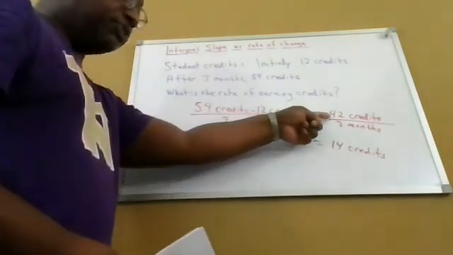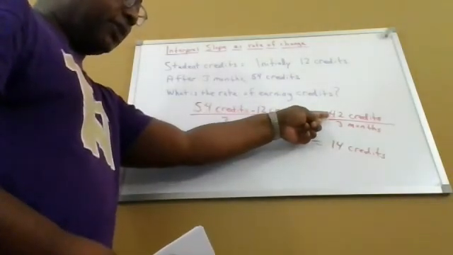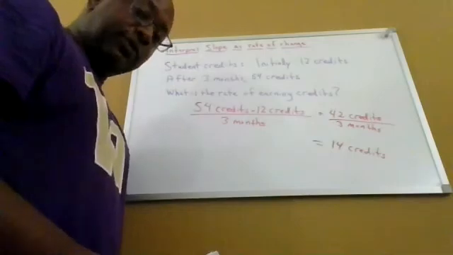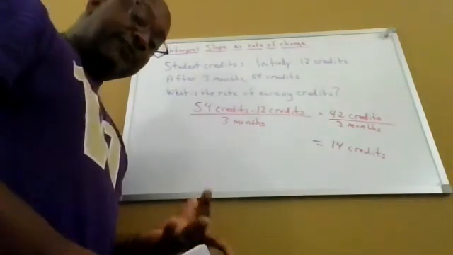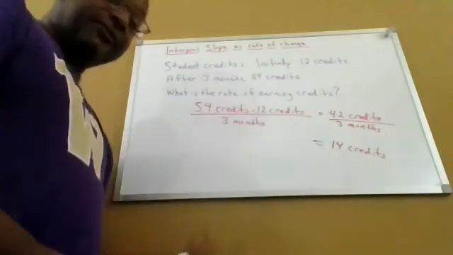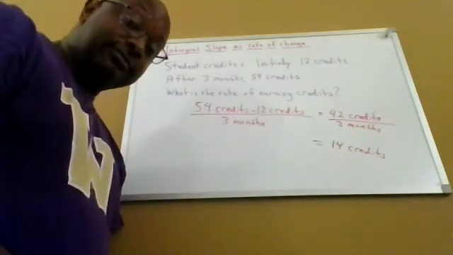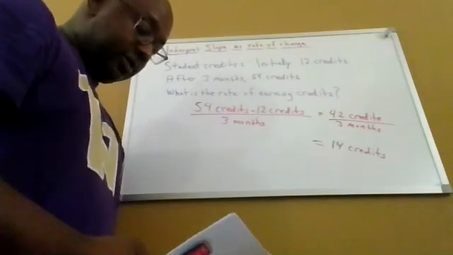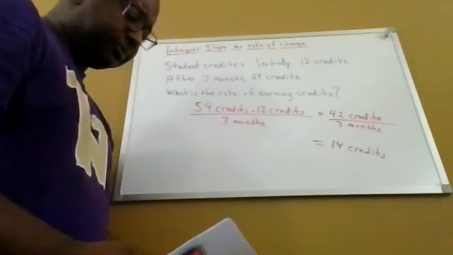Credits represent the numerator, and it's changing with respect to time. And that phrase itself, with respect to, is normally going to mean some kind of fraction is involved. So just keep that in mind as we go forward with other questions.